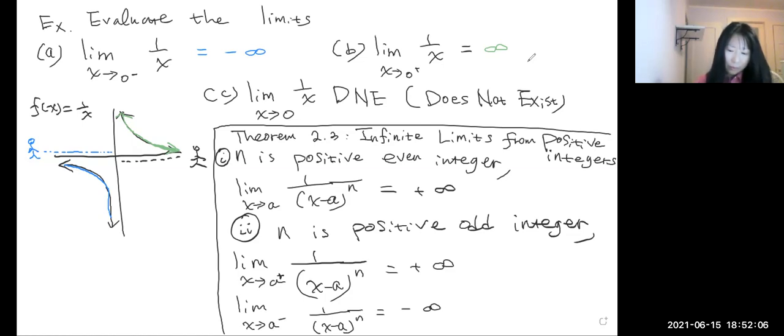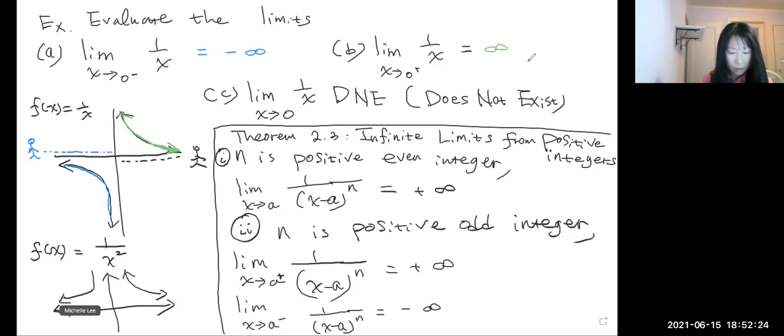How about f of x equals 1 over x squared, which is an even integer? Then this one looks like that. Okay, so there is an asymptote when x equals 0, right? And y equals 0 as well.